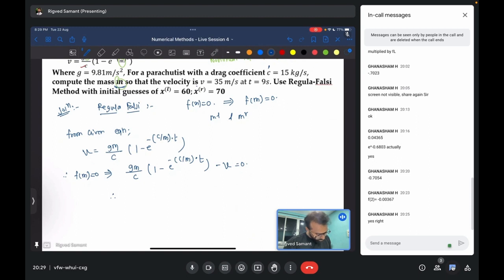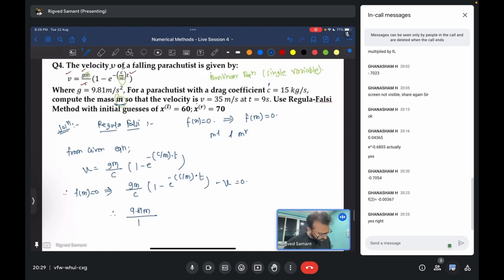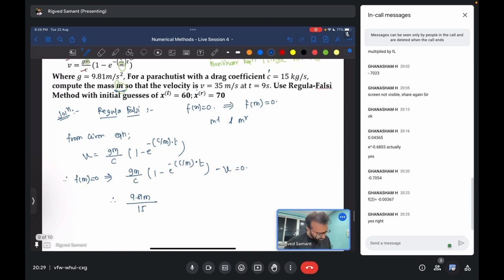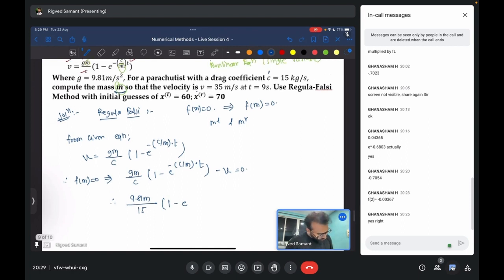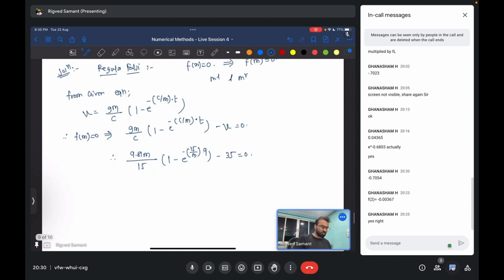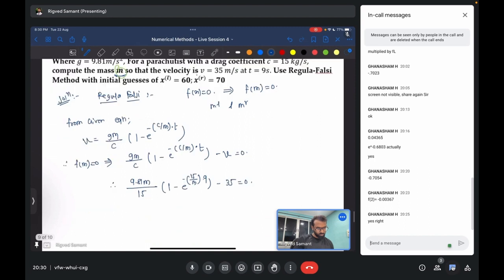So 9.81 m divided by 15, right? 1 minus e raised to c by m. So c is your 15 divided by m into t, which is 9, minus 35 is equal to 0. Right?